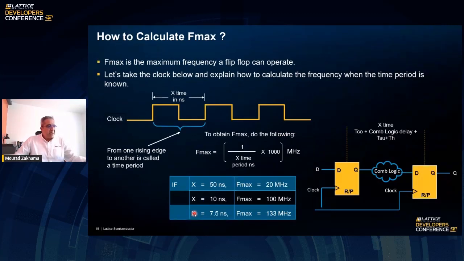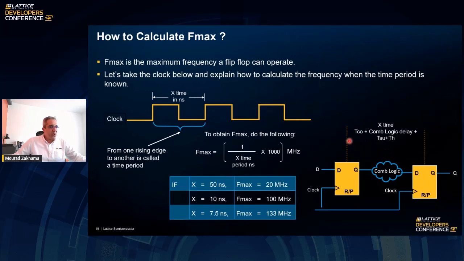So how fast can we run our design? Given that we have a clock with a period of X nanoseconds, depending on the frequency, if it's 100 megahertz, then we have a 10 nanosecond clock period, and we have to make sure that the data travels safely between the first flip-flop and the second flip-flop within that time.